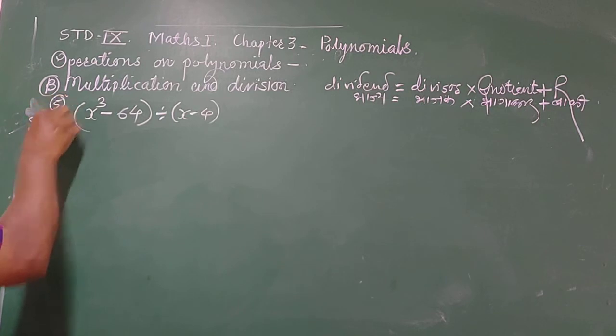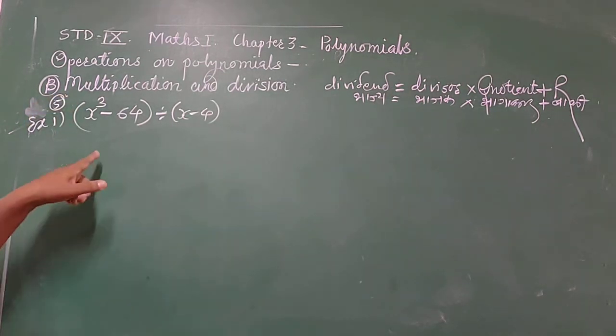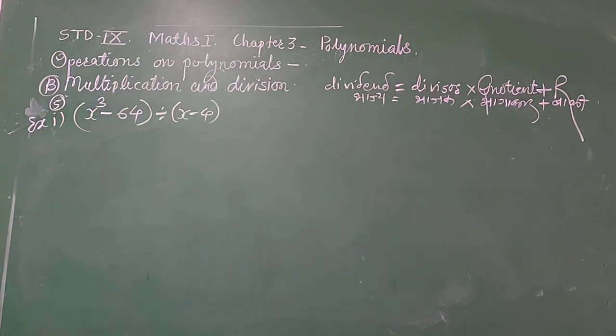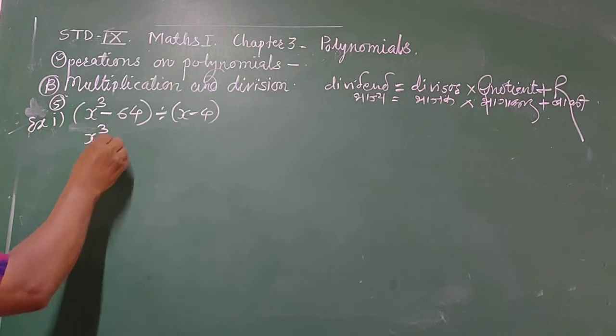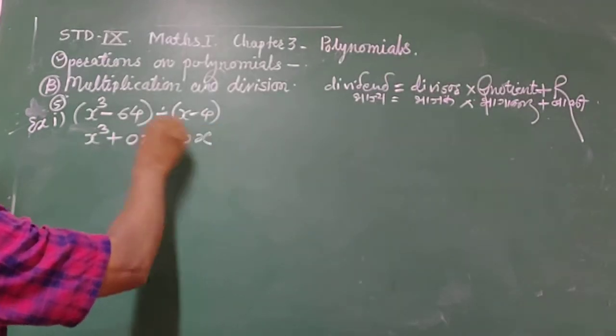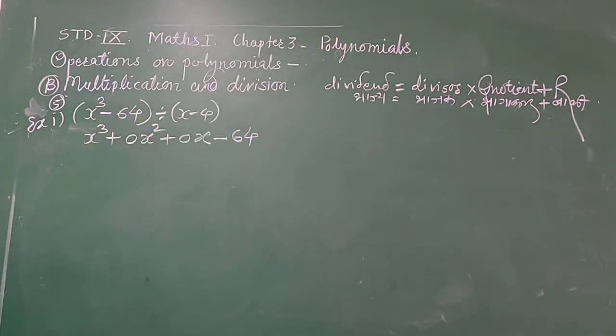For this, write the given polynomial or dividend in standard form, that is in complete form, x cube plus 0x square plus 0x and minus 64. This is in standard form.